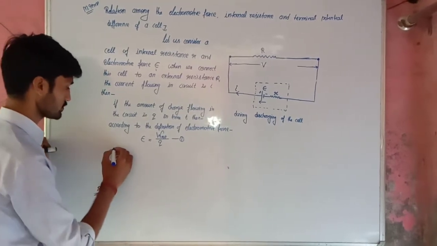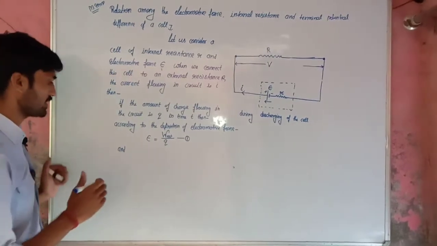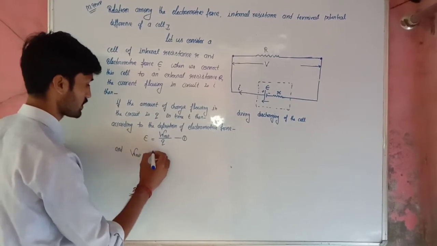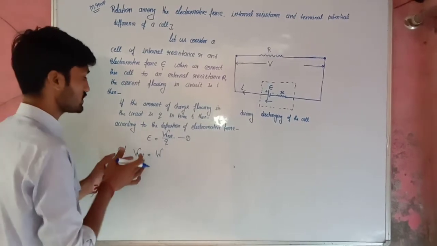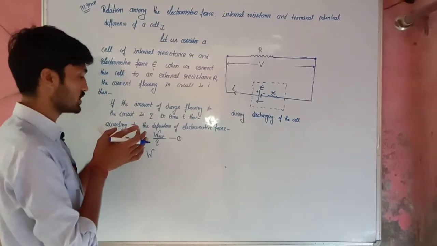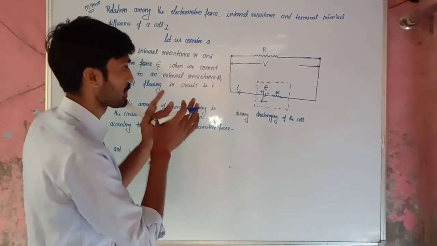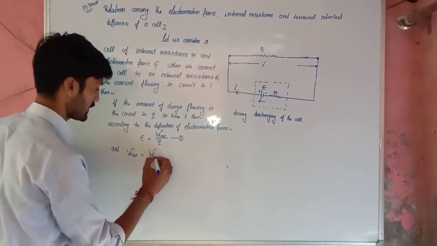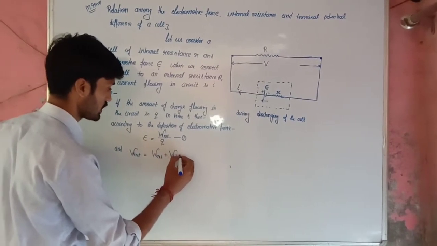Using the conservation of energy, we can write W net as the sum of the work done to bring this charge Q through the external circuit as well as the internal circuit, that means W external plus W internal.